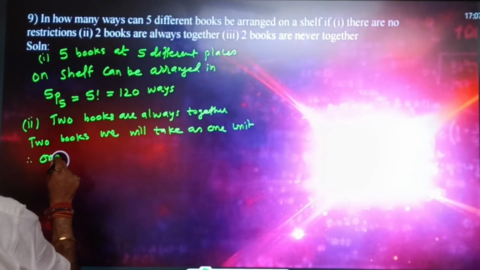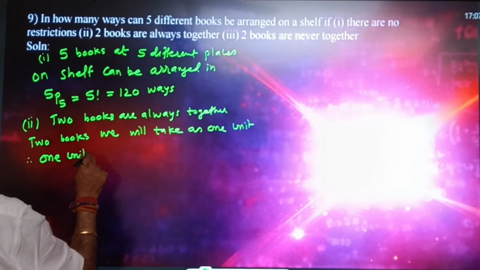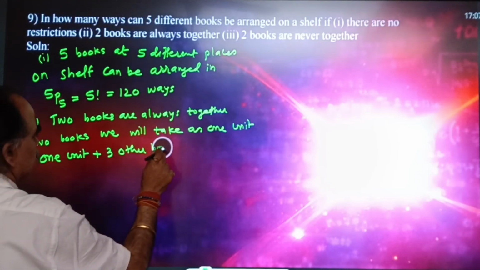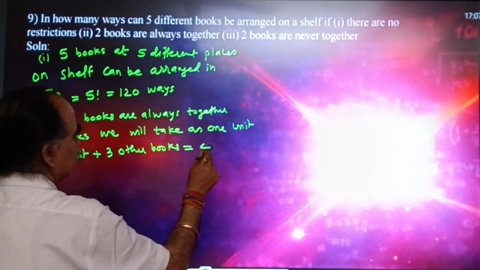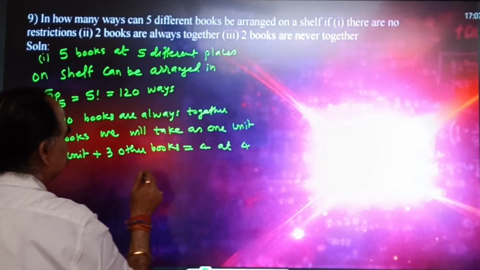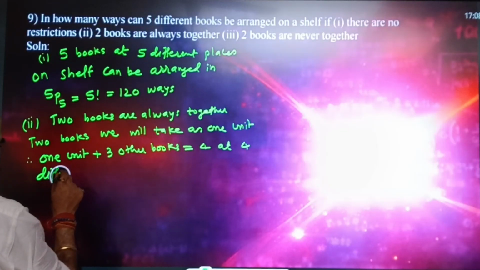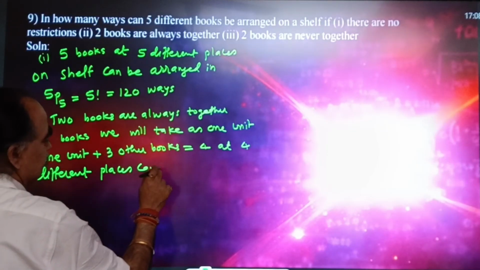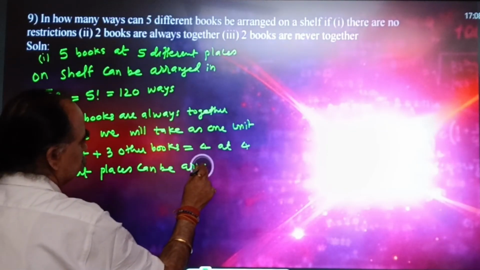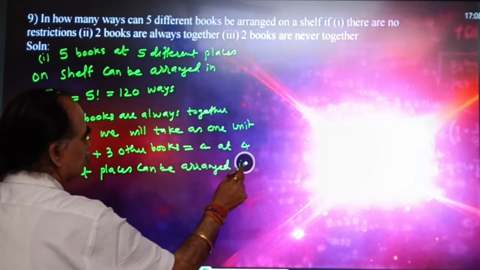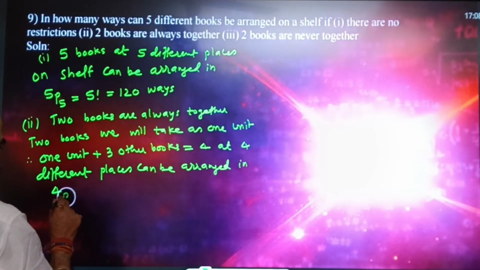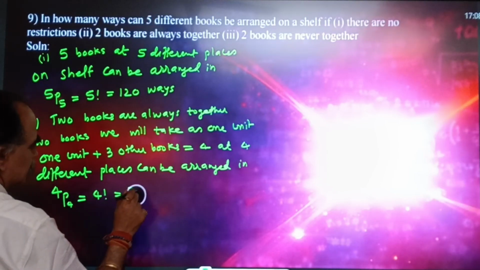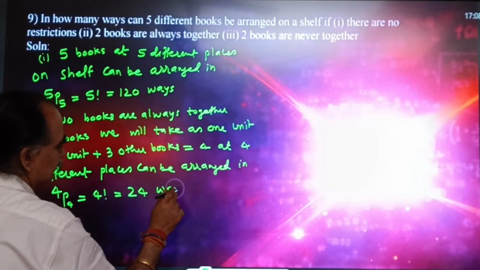Therefore, 1 unit plus 3 other books is equal to 4 at 4 different places can be arranged in 4P4, 4 factorial, 24 ways.